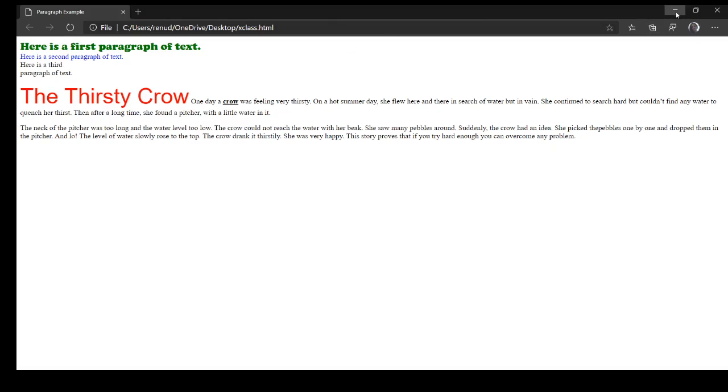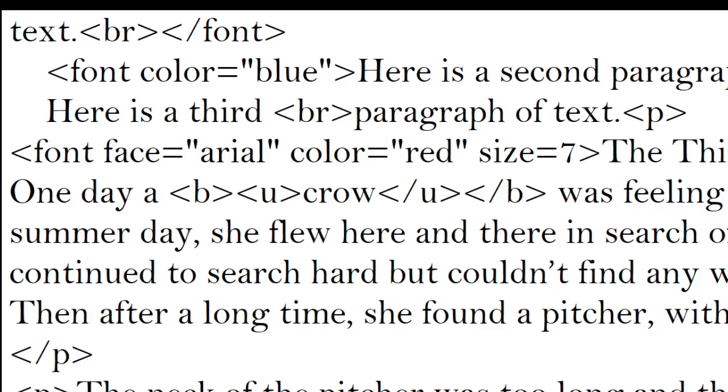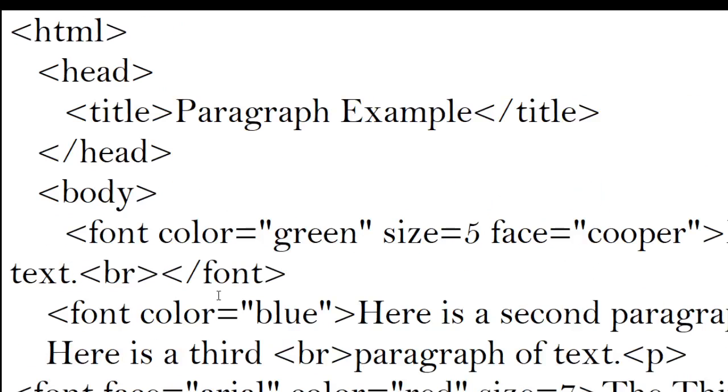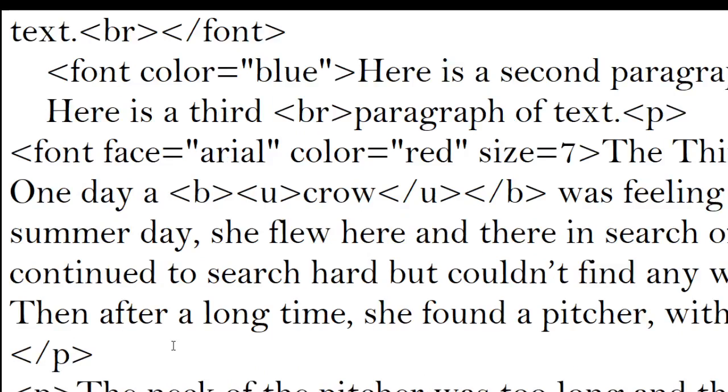Minimize it again and again open your notepad here. For example, where our text is here, the thirsty crow is written here. We want this underlined. Below the thirsty crow we want underline, then you can use the U tag here, and after the thirsty crow you can close the U tag.